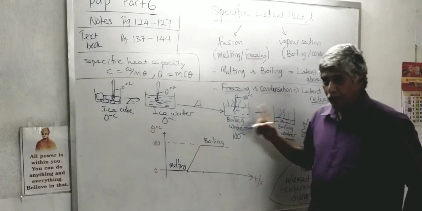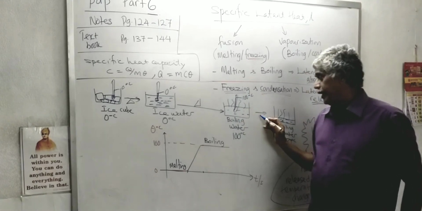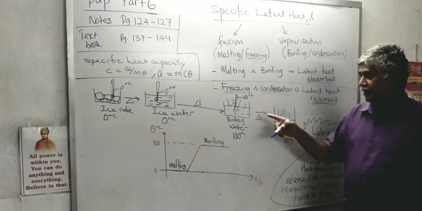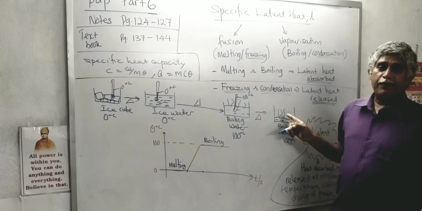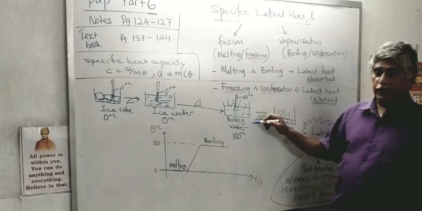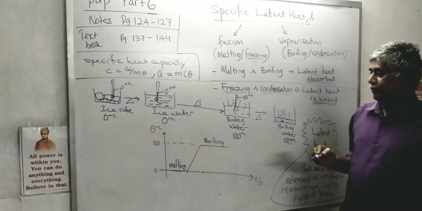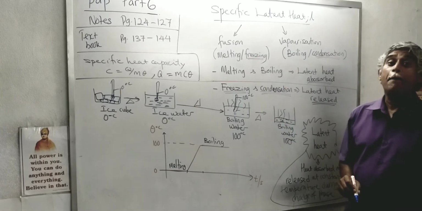Once it starts boiling and you continue heating, the temperature still remains the same, but you can see the water start vaporizing. The mass of water becomes less and less because the water is changing phase.